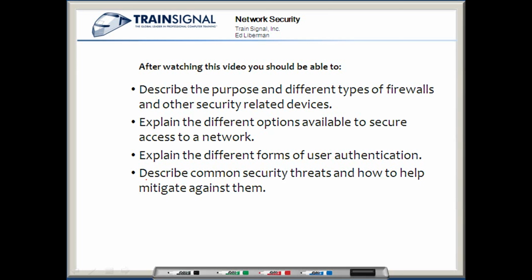You should be able to explain the different options available to secure access to your network. You should also be able to explain the different forms of authentication that can be used when providing access to your network. And you should be able to describe some of the common security threats that are out there and know how to mitigate against them.